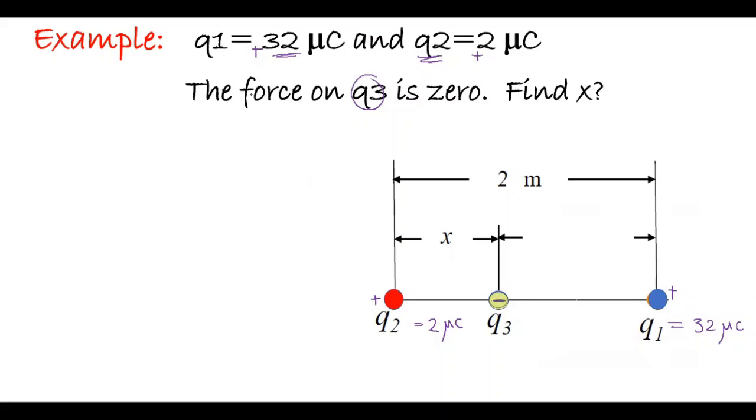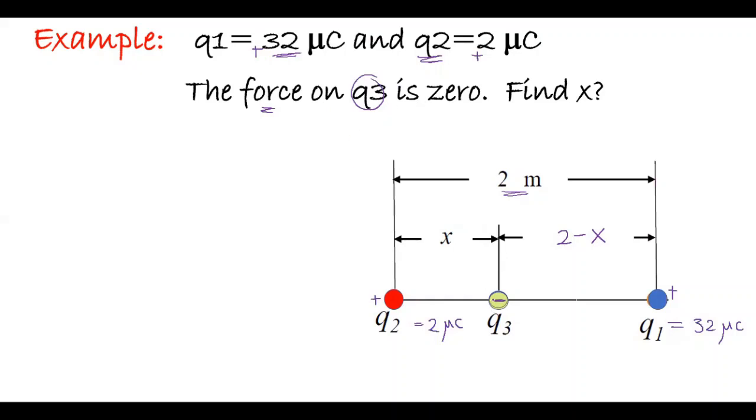It is given that the force on Q3 is 0. Find the distance x. Okay, the distance here between the two charges is 2 meters. If the distance between Q2 and Q3 is x, we are left with 2 minus x here. Now the force on Q3 is 0.